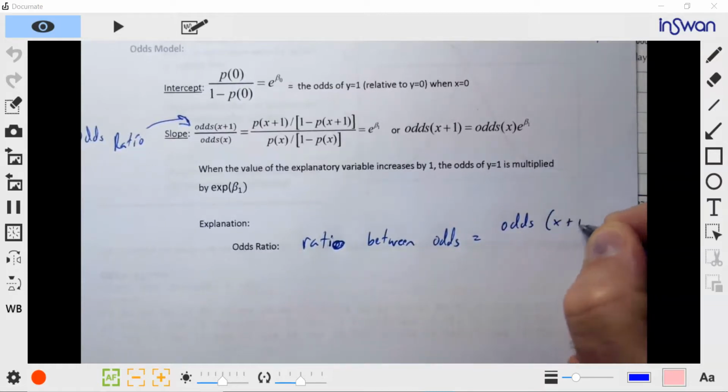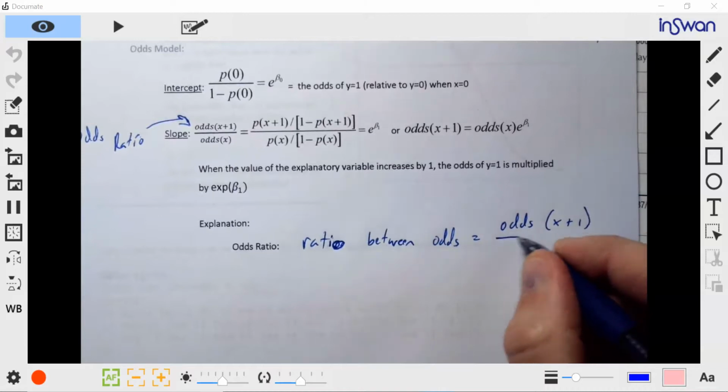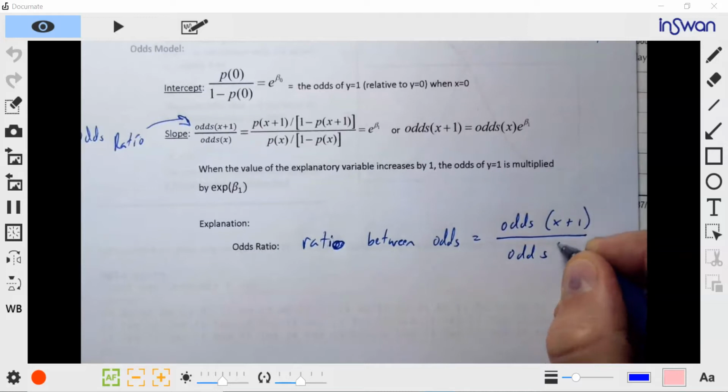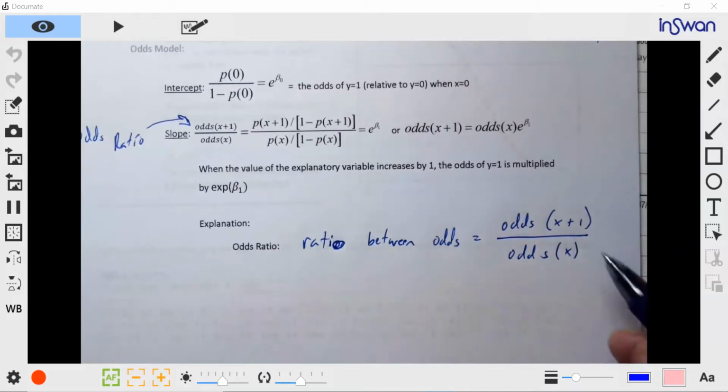But when we're thinking about a continuous or quantitative predictor x, we can think in terms of a 1 unit increase in x. So that'd be the odds when x is x plus 1 compared to the odds when we're just thinking about x.